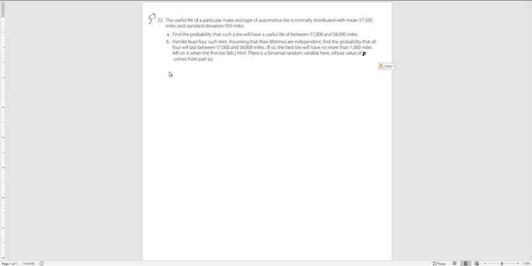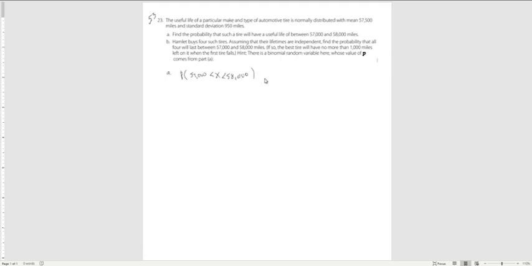Okay, this sounds fairly straightforward here. I'm getting a little suspicious though because this is in those additional exercises, to see what else is going on. So we need to know the probability that we're going to be between 57,000 and 58,000 miles.